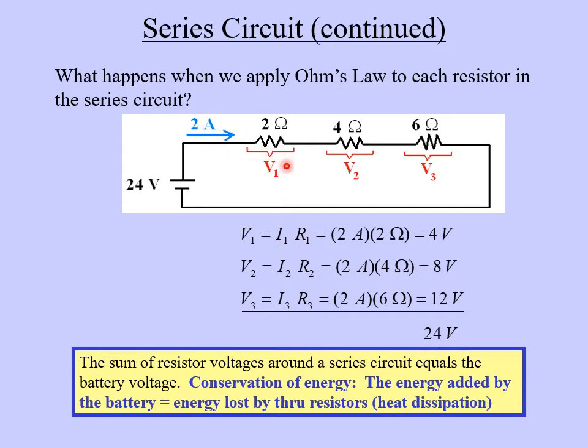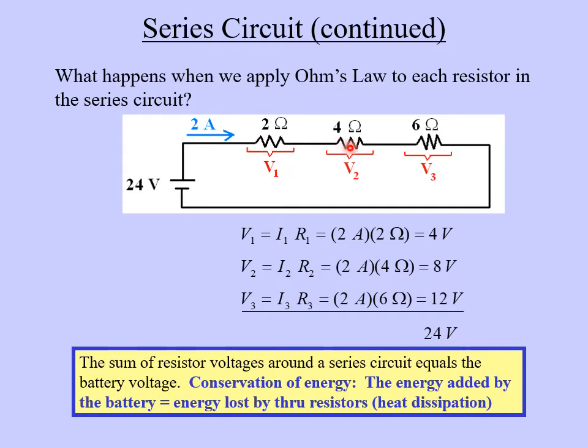So I1, remember, is 2 amps because that current is going through all of these resistors. So we have I1 is 2 amps and R1, this resistance, is 2 ohms. So 2 times 2 gives us 4 volts. So in other words, this resistor here has 4 volts across it. Another way of saying this is it has a voltage drop of 4 volts.